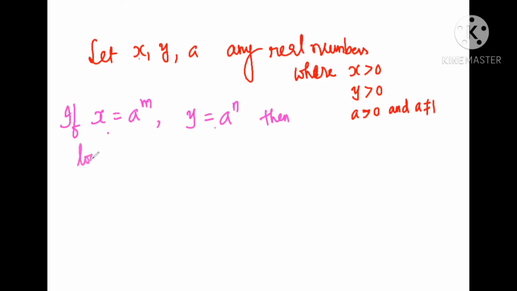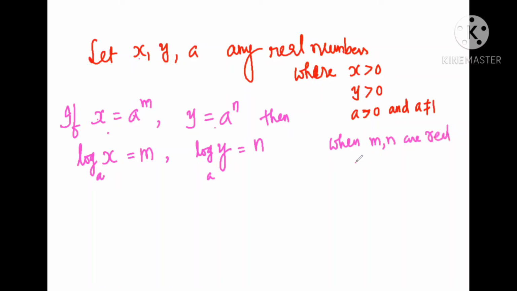Then logarithm of x is equal to m for base a, and also logarithm of y is equal to n for base a, where m, n are real numbers but not equal to 0.